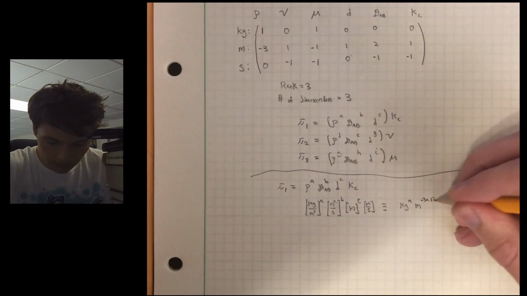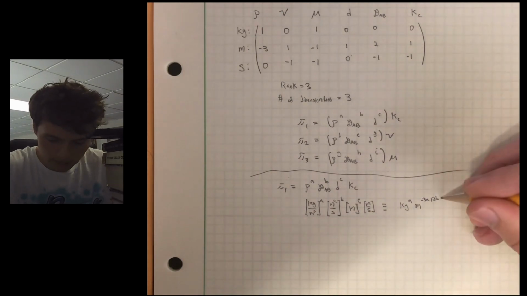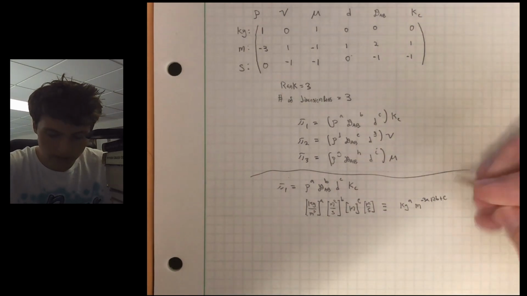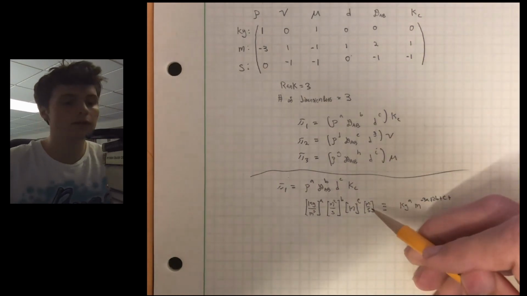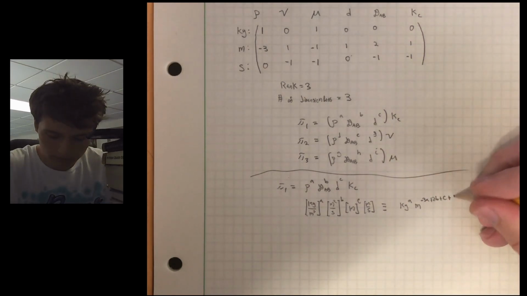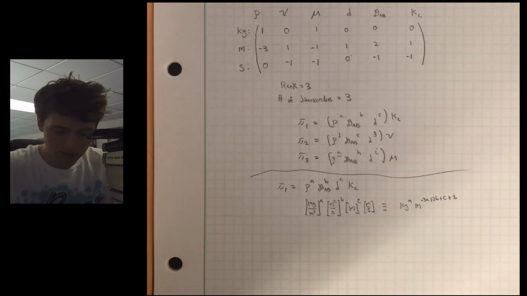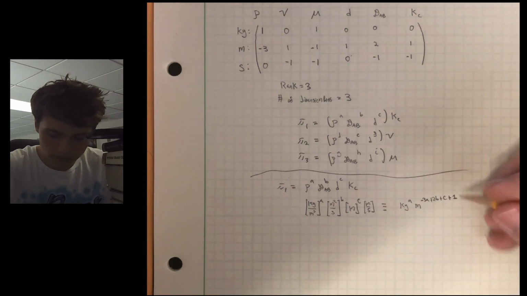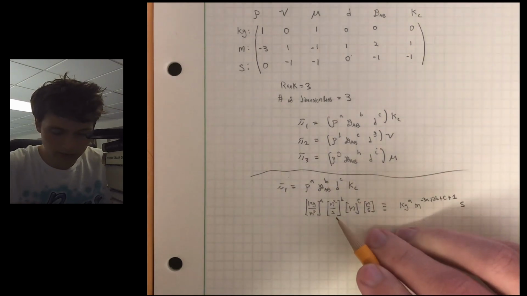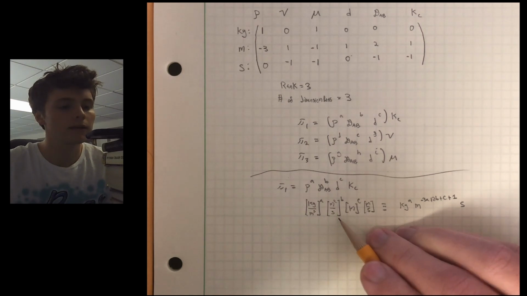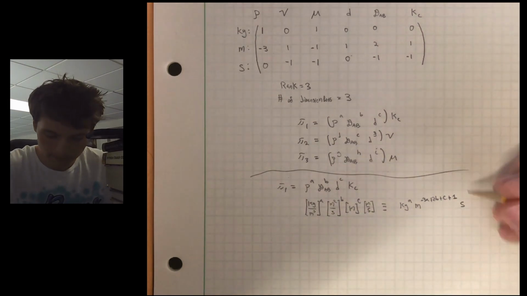And then we also have 1 meter here, so that's plus 1, a constant. And then we also have the seconds, which is negative B and then minus 1.